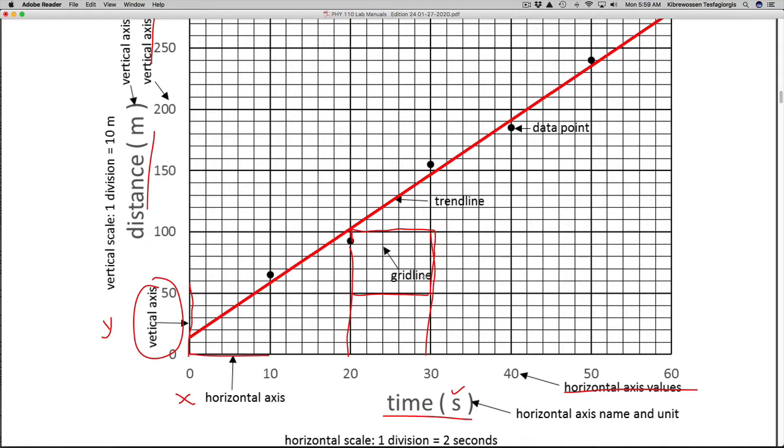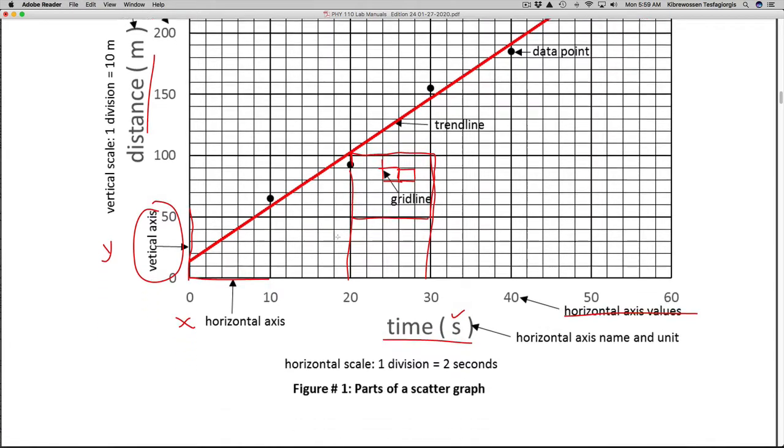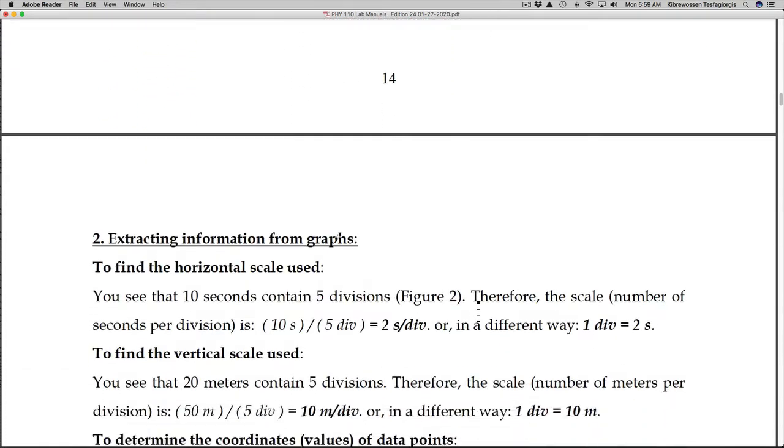It's marked by the bold vertical and horizontal lines, and that represents the major grid lines. And then in addition, there are also minor grid lines. Those are grid lines that give you a quick reference of how much value every little square represents. Those are pretty much what the parts of a graph look like.